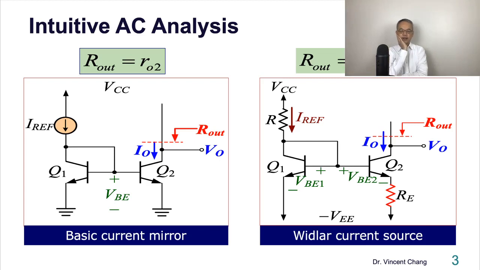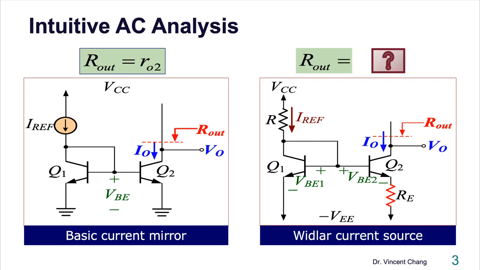On the left hand side, the output resistance based on our analysis and the explanation before is the output resistance of the individual transistor, R2. How about the right hand side? That's actually the homework, the question I left toward the end of the part 2 video.